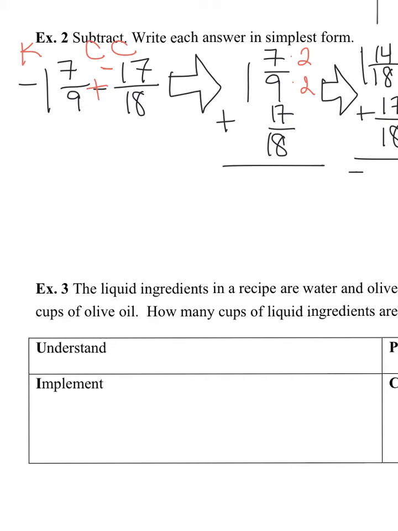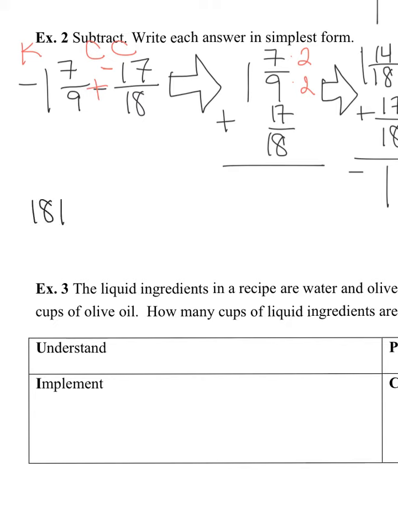Okay, now I'm going to add my fraction parts together. 14 plus 17 is 31. Keep my denominator, 18ths. And then 1 plus 0 is 1. But I do have an improper fraction as part of my answer, and that's not good.